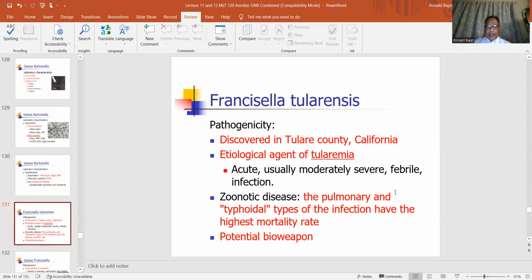And it's the etiologic agent for tularemia. That's the disease. And this disease is pulmonary, and the pulmonary and typhoid types of the infection have the highest mortality rate. So this is another significant organism, potential bioweapon, Francisella tularensis.